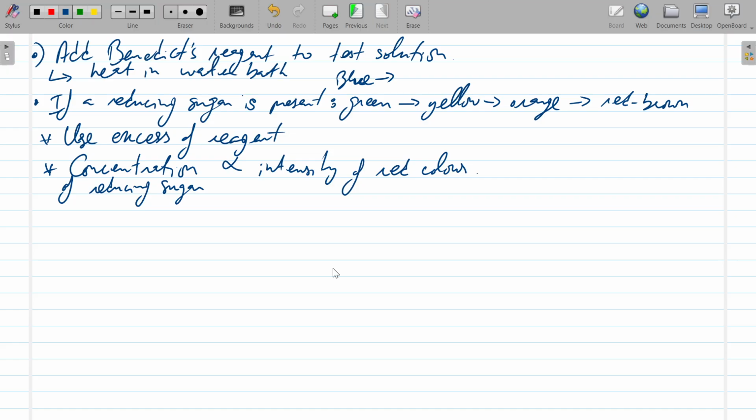Now, this is what will happen if you've got a monosaccharide or a disaccharide that is a reducing sugar. In case, so let's make this 1 and let's make this 2, if you did not have any change happening in the first test, so initially you just add the Benedict's reagent to your test solution, and you hope that the color change happens when you heat it.